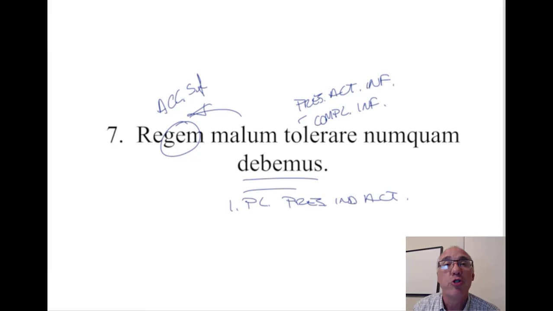We ought to tolerate. Now let's throw this in here. Numquam is an adverb. We ought to never tolerate a bad king. And that's perfectly fine English. I think we'd be more apt to say we should never tolerate a bad king, but we ought never tolerate a bad king. Fine too.